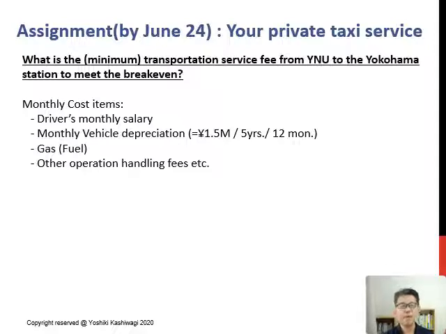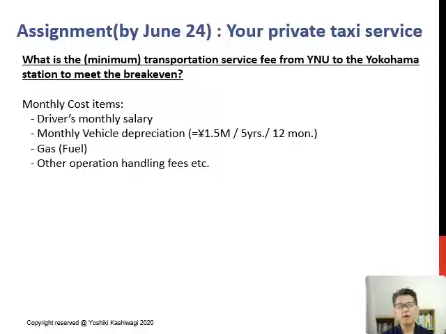That means that is the 1.5 million divided by 5 divided by 12. The calculation result is the monthly vehicle depreciation amount. And you have to pay for gas, so please take some market price for your calculation, and other operation handling fees. You can assume any numbers, but they have to be reasonable. And what are other operation handling fees? You can think about the details of these items.